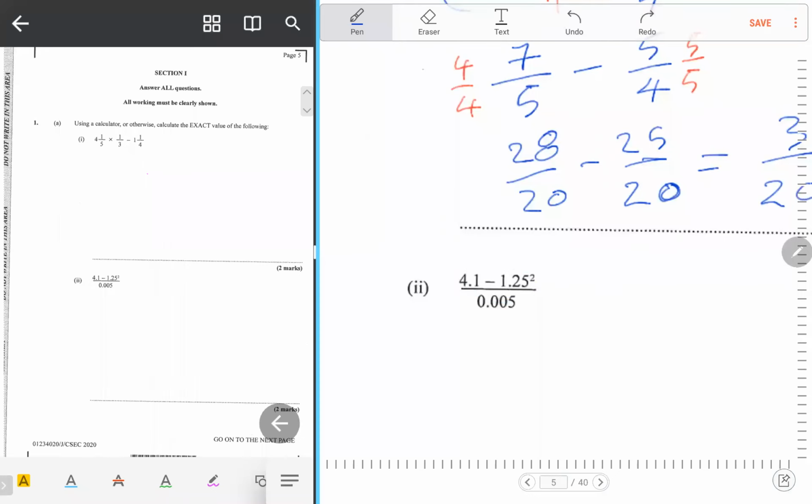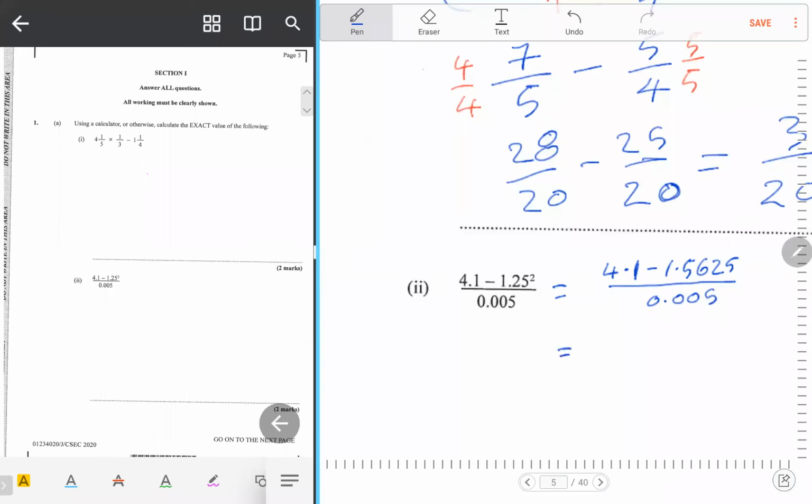So, if I'm going step by step, it will be the 4.1 minus. We're going step by step. I'll do the power first, because this counts like a multiplication. So it's 1.25 squared, which would be 1.5625 over 0.005.